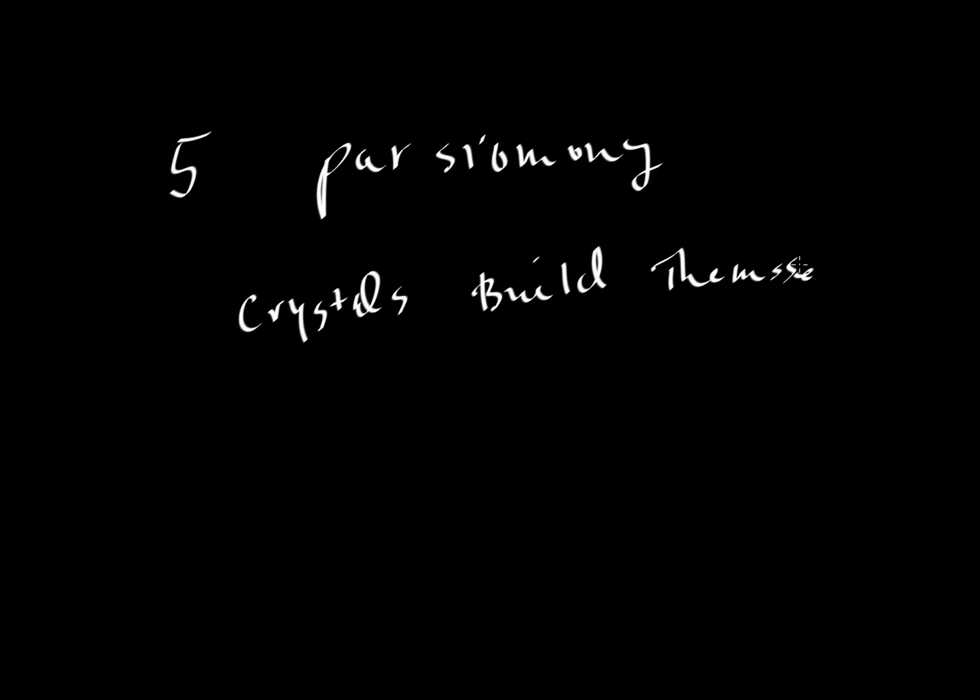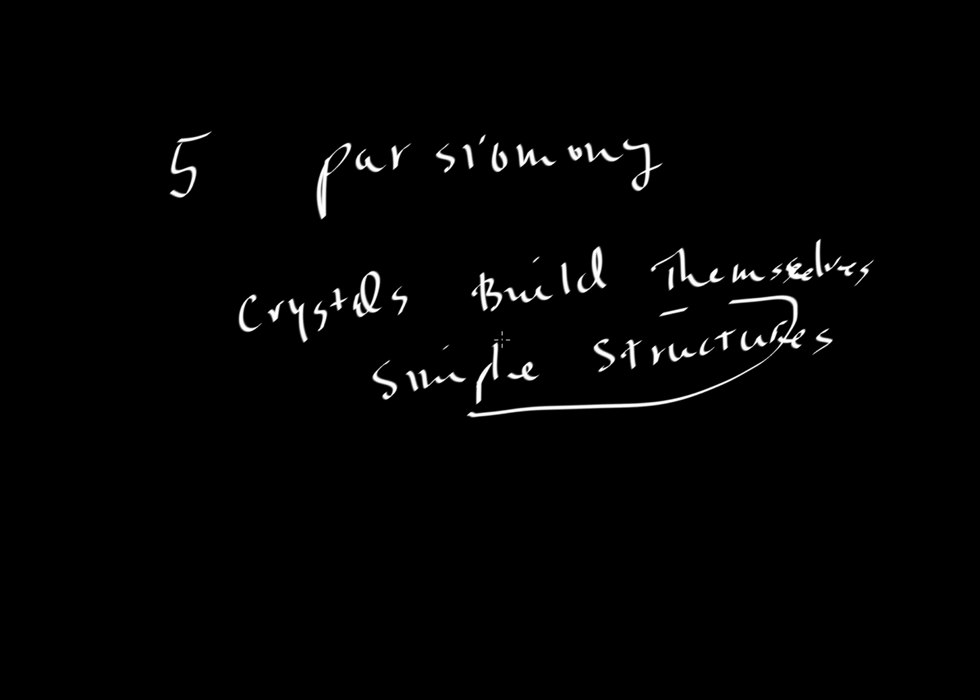So they'll build themselves simple structures when possible. Or phrased in another way, the simpler the structures, then to some extent the more stable. And by simple structures, what we really mean here is that there are certain things that are few in number.